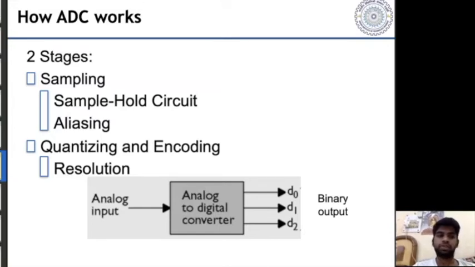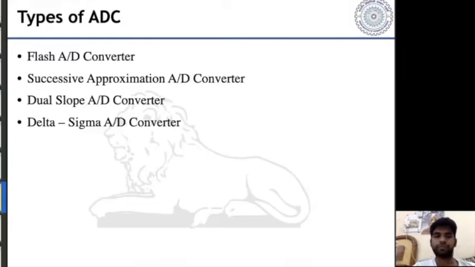There are mainly two stages, that are sampling, and quantizing and encoding. In sampling, it is simple: any input analog signal is coming, and we will be taking a sample, holding it and analyzing it accordingly, and then quantizing it to give a discrete digital output, and that would be resolved through resolution and input.